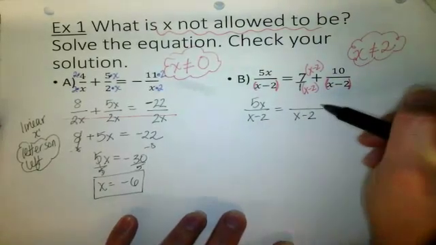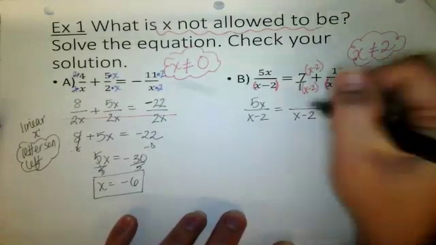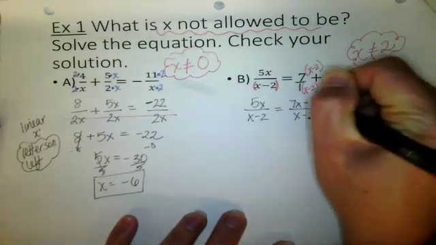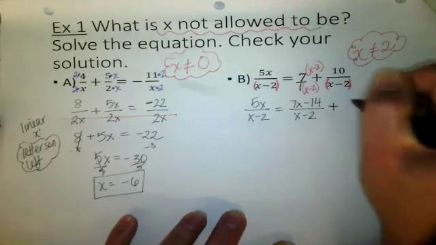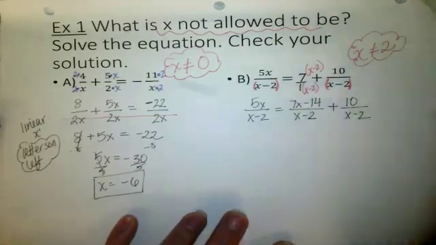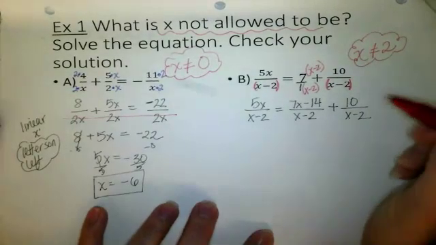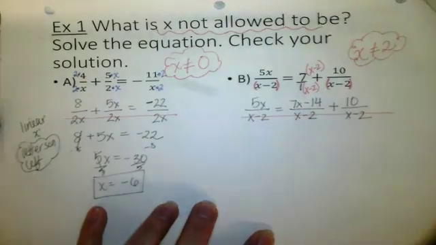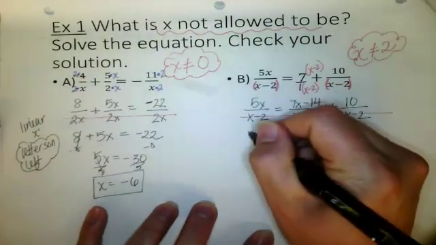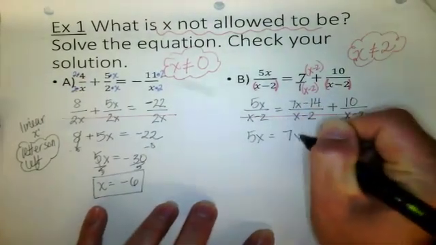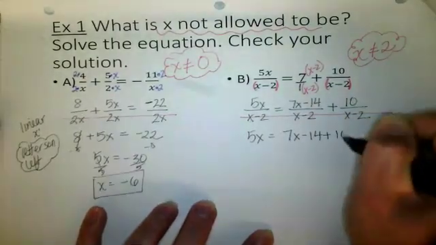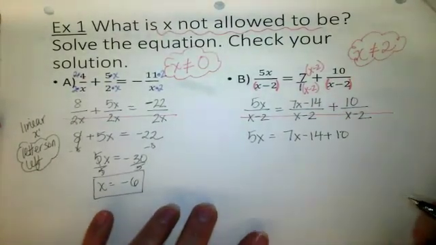What does this numerator become? 7x minus 14. Good. Plus 10 over x minus 2. Do all of my denominators match? Yes, they do. So what do we get to do? Ignore them. And we have 5x equals 7x minus 14 plus 10. Is this linear or quadratic?